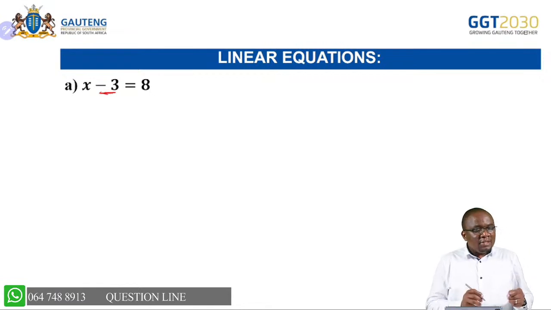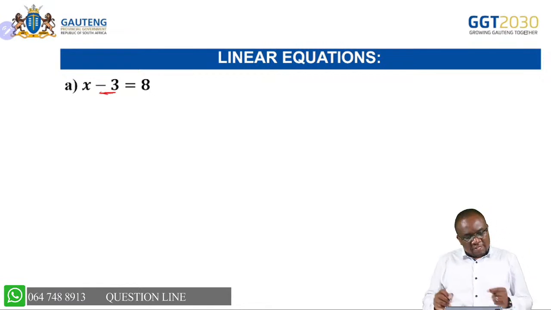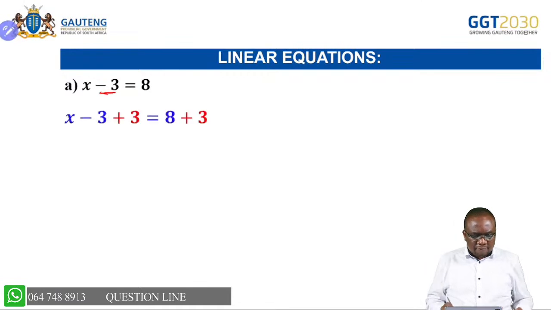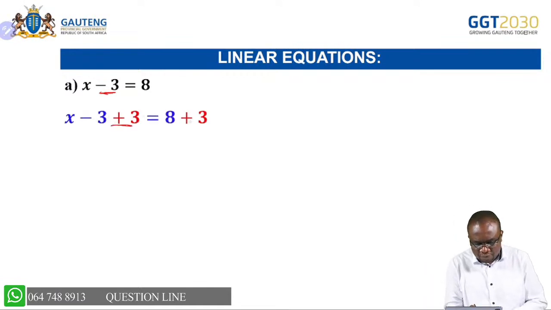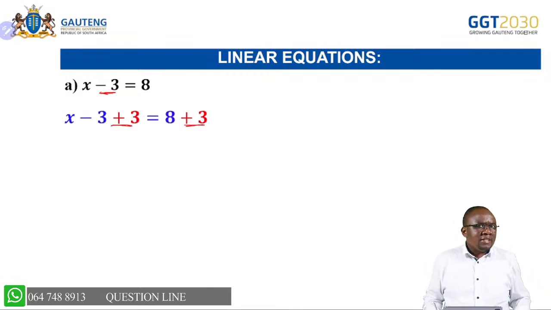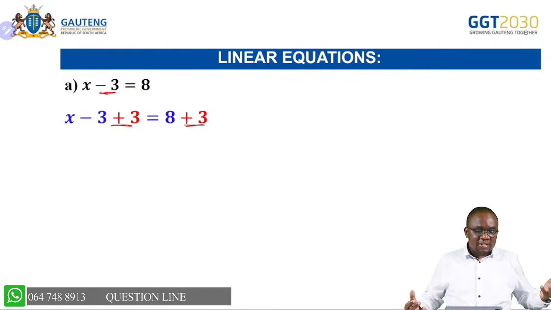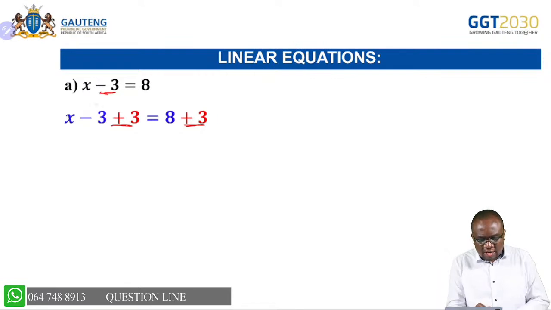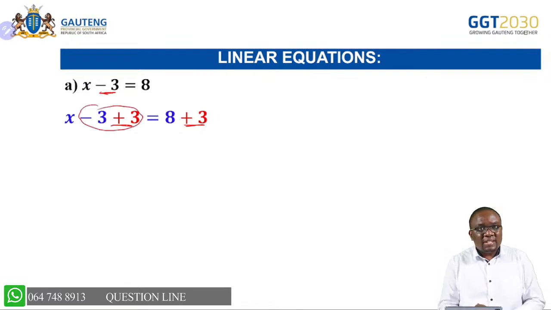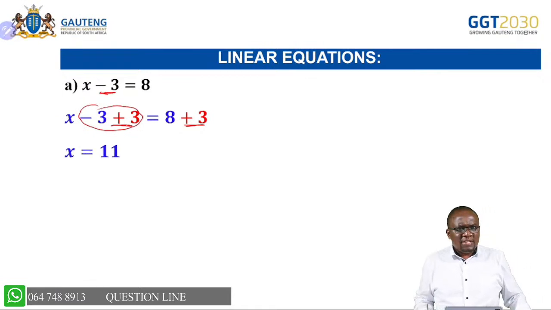So if we add 3 on the left hand side, we must add 3 on the right hand side. What you do on the left, you do on the right. Remember that. So we've added 3 this side, and we've added 3 this side. Now the equation is still balanced. What we do this side, we do this side, so the equation is still fine. Now negative 3 plus 3 is 0. So we remain with x, and x is equal to 11.